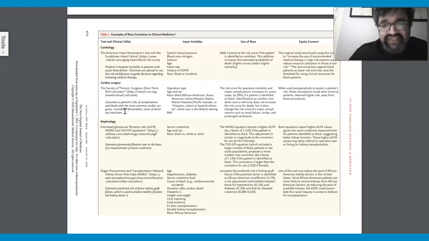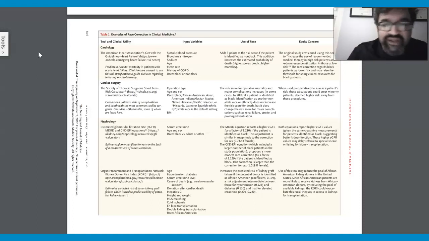The risk score correction for operative mortality and major complications increases in some cases by 20%. So if a patient is identified as Black, operative mortality is increased by 20%.